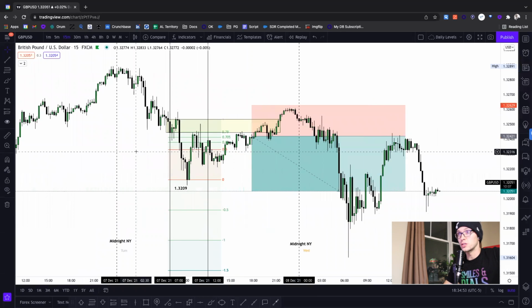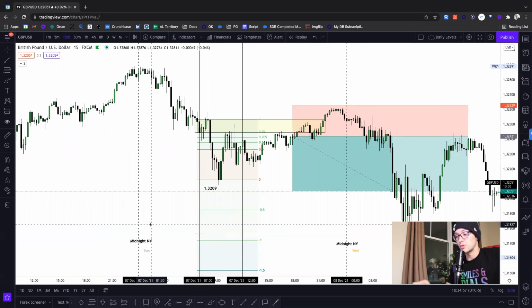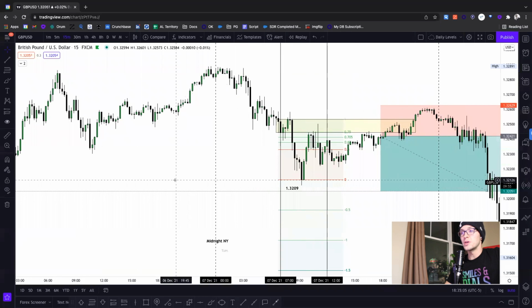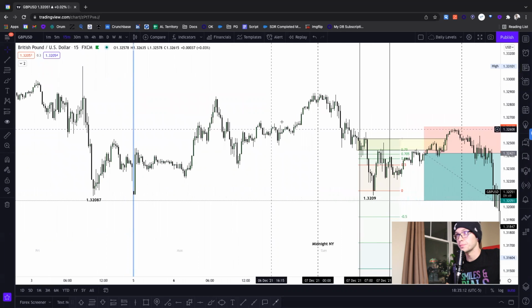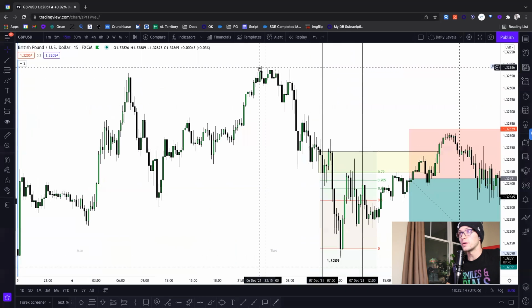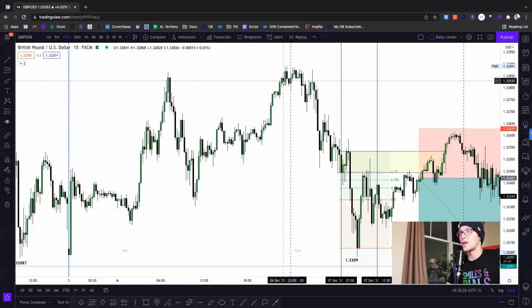Ignore some of these markings for now. Just understand that this over here represents midnight on Tuesday. And then this over here represents midnight on Wednesday. So coming into midnight New York on Tuesday, look what we did right here, okay? When we're playing up here, we're interacting with this high from Monday, we swept that high.